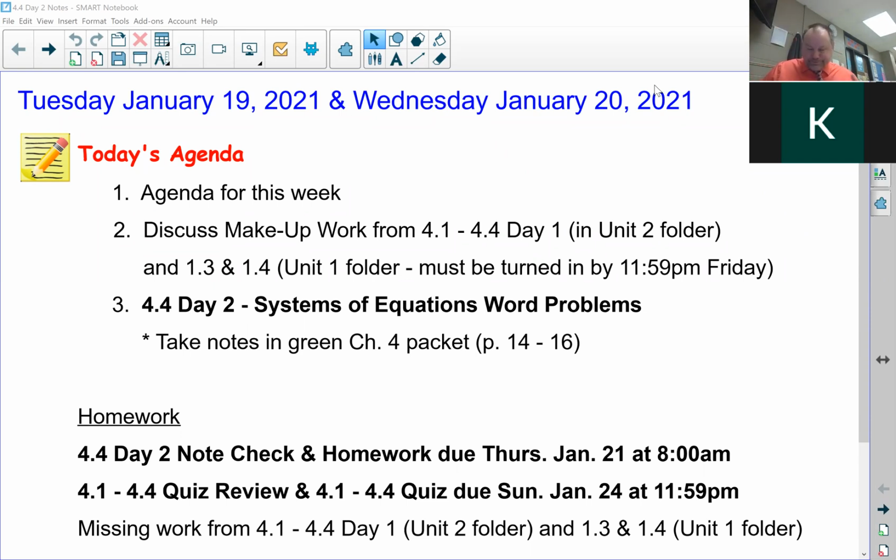For math, it's pretty straightforward. In order to move on to the next math course, you need to pass at least 2 trimesters of the previous course. So if you pass trimester 1 and you are going to pass trimester 2, then you would register for geometry.